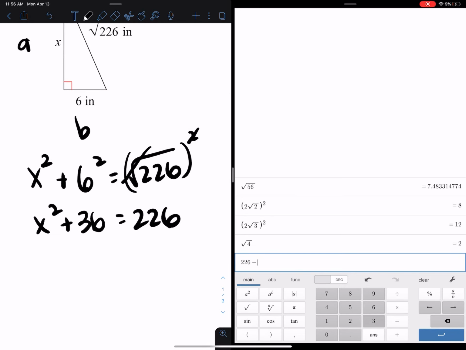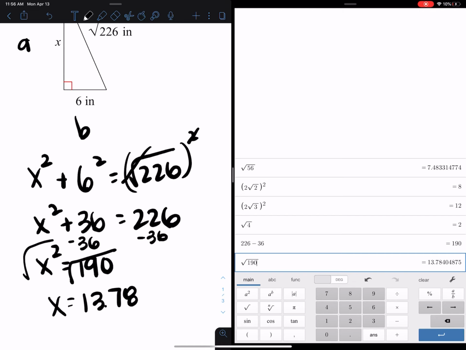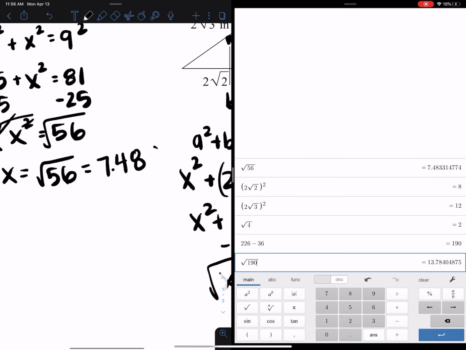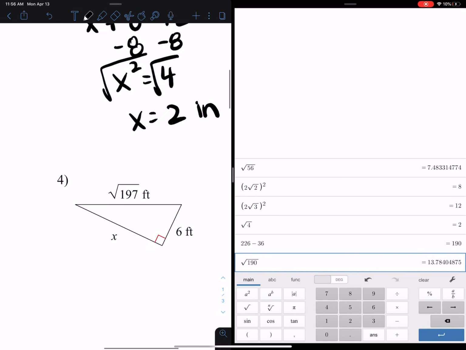So 226 minus 36, that's just 190, because we subtract 36 from both sides. So we get X squared equals 190. We take the square root on both sides, and we get X equals the square root of 190, which is 13.78. And we should put the units on there. So this is inches. And then on number 1, this was feet. And number 2 was inches as well.